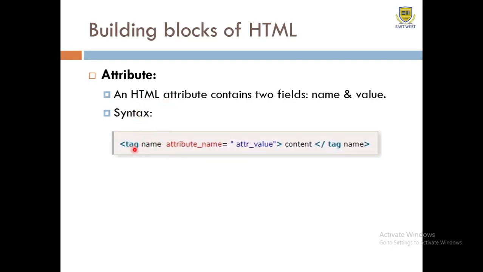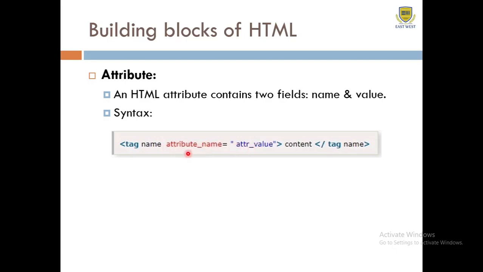This is the start tag, and there we have an attribute name, which has an attribute value. This is the tag name, and the attribute is a name and value pair.